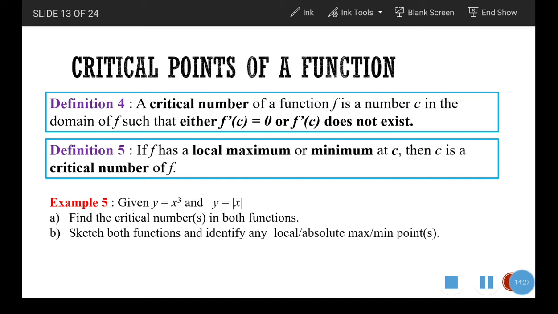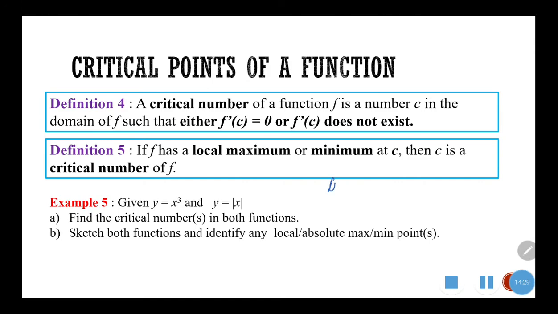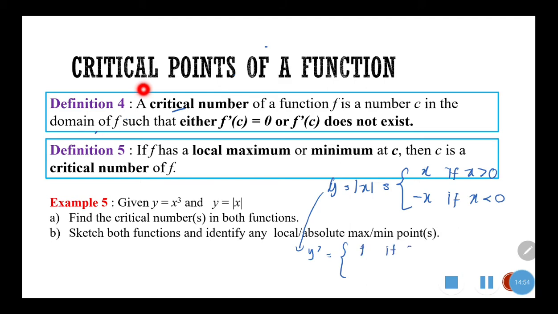Okay, so for modulus x, semua orang tahu kan y equals to modulus x ni maksudnya kita define dia as equals to x if x more than 0, negative x if x less than 0 kan. So maknanya kat sini y prime for modulus x is equals to, okay, equals to differentiate x, you dapat apa? 1 if x is more than 0.